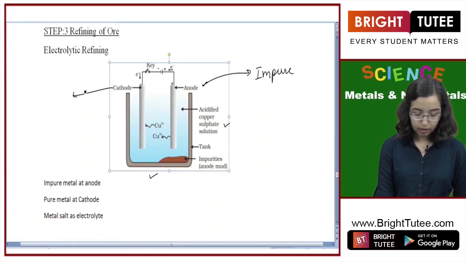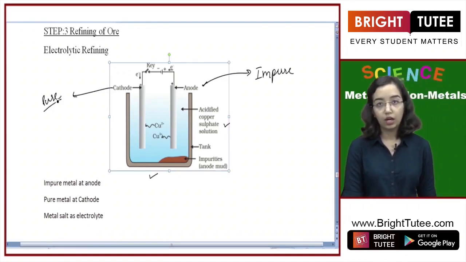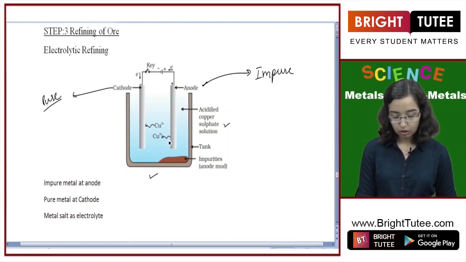And at the cathode, we are using a pre-existing pure form, right? Now when we connect the circuit and let electricity pass through it, some amount goes from the anode into the solution. From the solution, an equal amount deposits itself at the cathode.